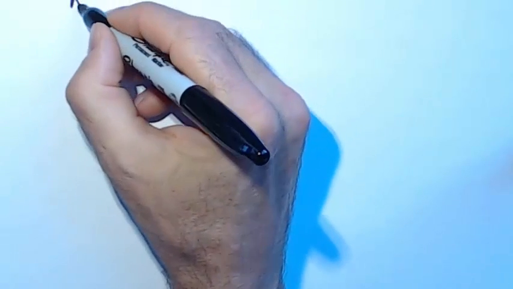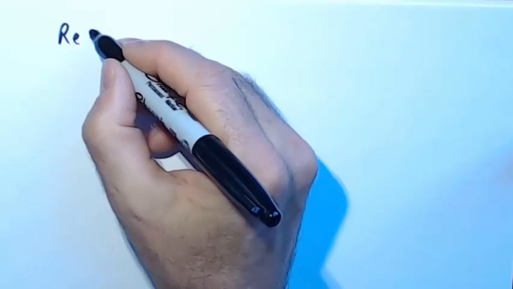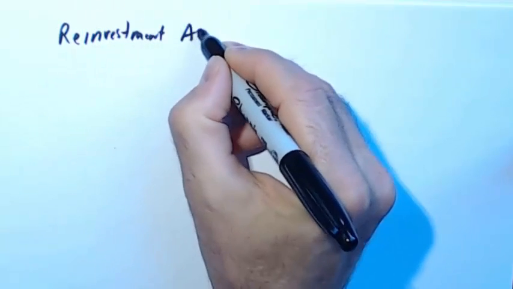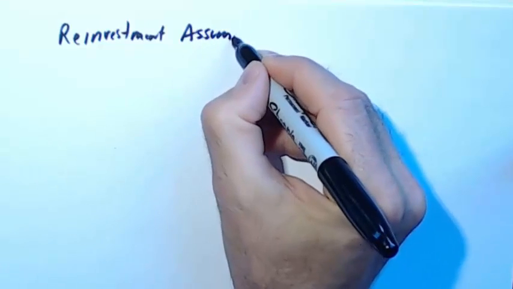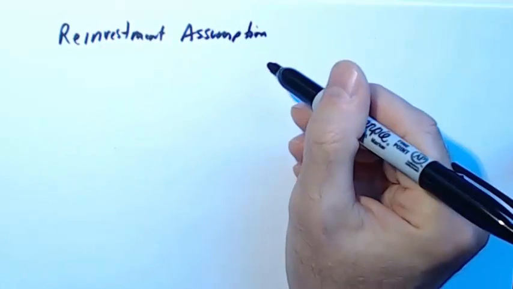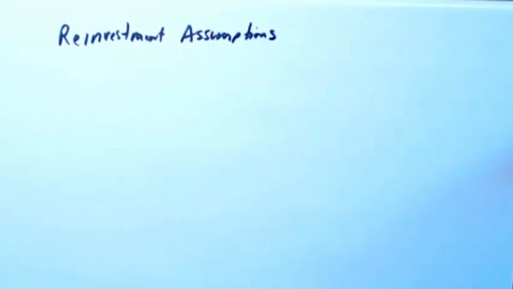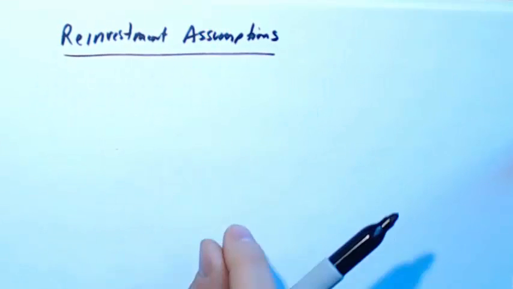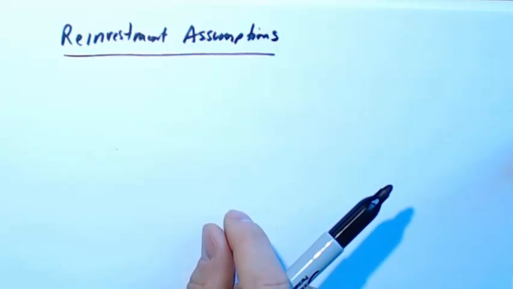It's quite mysterious. It's very hard to see, but there's underlying assumptions going on about reinvestment. So I'm going to talk about reinvestment assumptions that are made in both internal rate of return and net present value, that you just never would think about, or would ever realize that this is the mechanics going on underneath it.